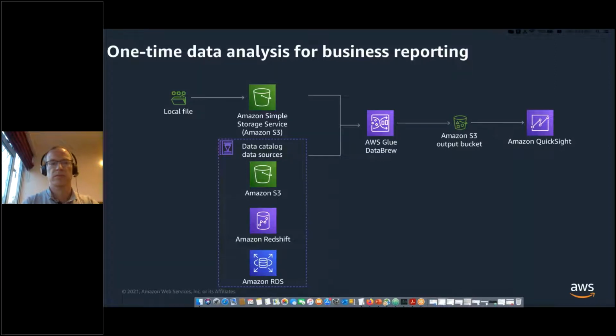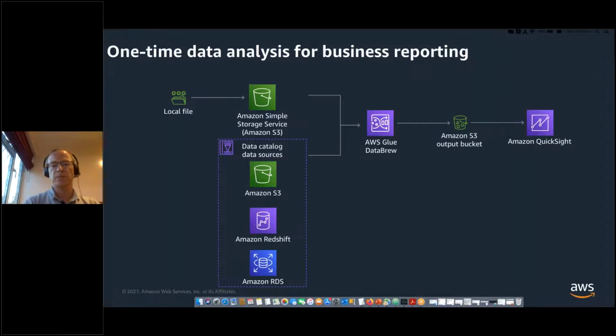So this is really what you built out in the demo, this kind of one-time analysis for business reporting. So ad hoc data prep, and it's very typical in analyst teams or BI teams. You get a data set, you want to really understand what's in it, maybe have some monthly sales data. So that could be sitting in a file on your local computer or in S3 or Redshift.